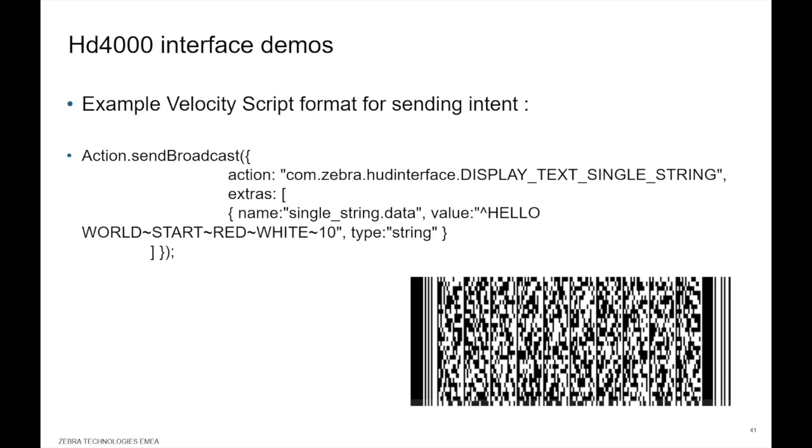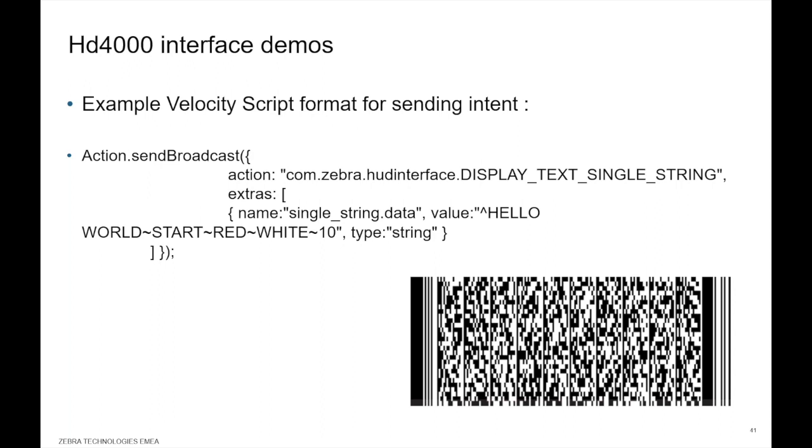The barcode you can see there is a Stage Now barcode, so that's internet hosted, and what that means is you can take any of our devices, preferably something like TC52, 57.